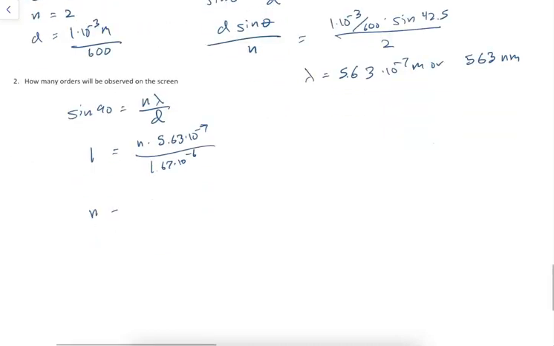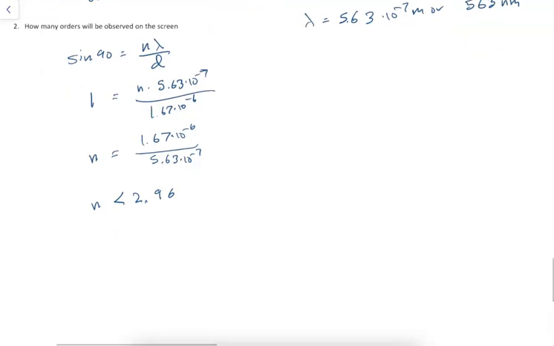I get n is equal to 1.67 times 10 to the negative 6th divided by 5.63 times 10 to the negative 7th. I get n is equal to 2.96. But really, n should be less than that. Definitely cannot be greater than that. And so then I have a maximum of 2 orders.